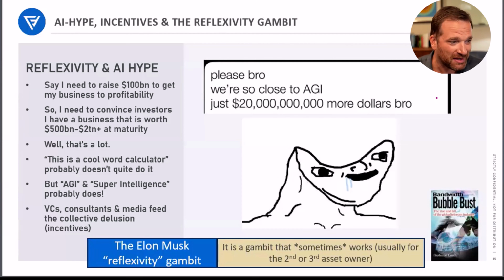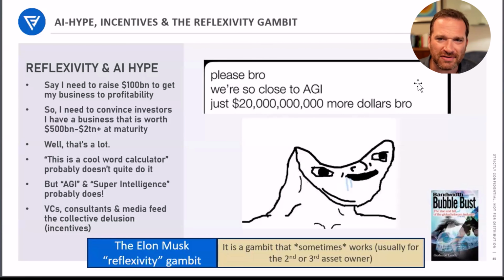That's one of the biggest, most valuable businesses in the world. Saying I have this really cool word calculator probably isn't inspiring enough to raise that sort of capital, but something like AGI and superintelligence probably is. And the VCs, consultants, and media all feed into the collective delusion of the moment.